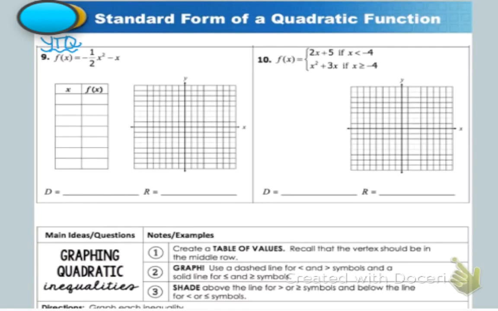We know the domain is, of course, going to be all real numbers, so determine the range and whether that value is a minimum or a maximum. So go ahead and pause the video now and complete number 9 as a you-try.